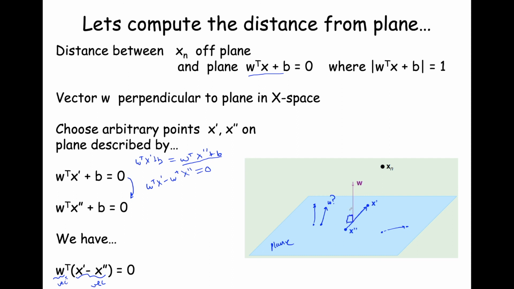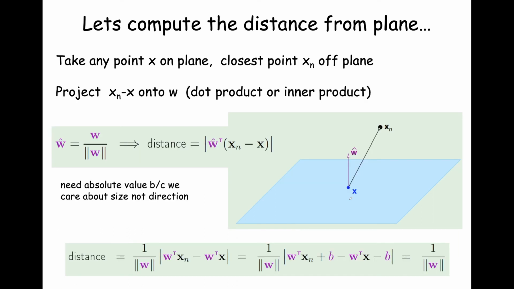Okay? All right. So now we've demonstrated that W is orthogonal, perpendicular to the hyperplane, right? So if you were to draw the hyperplane and you want to represent the W vector, it is orthogonal, perpendicular to the plane. Okay. So now we're going to take any point on the plane.